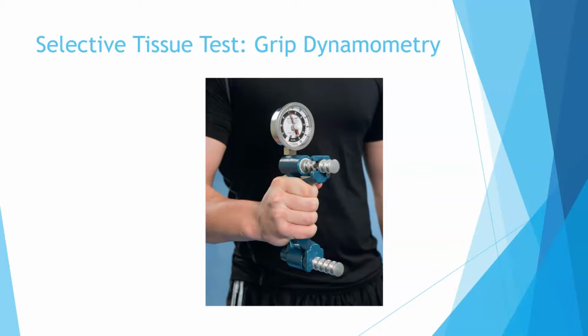So this is a grip dynamometer where it can assess grip strength. Obviously, your dominant side is going to be much stronger than the non-dominant side, but it's something to objectively measure and be able to identify. Hopefully you have some type of baseline to see what you want to get back to after an injury has occurred.